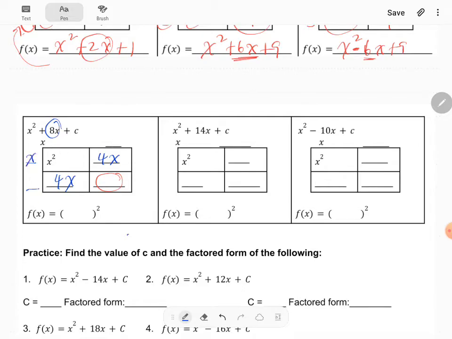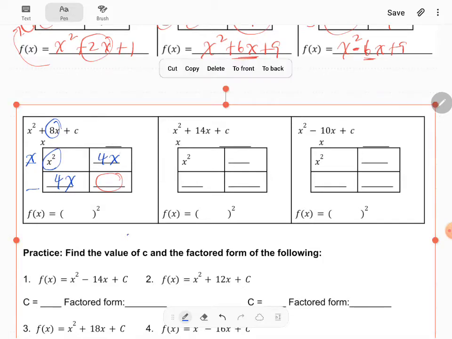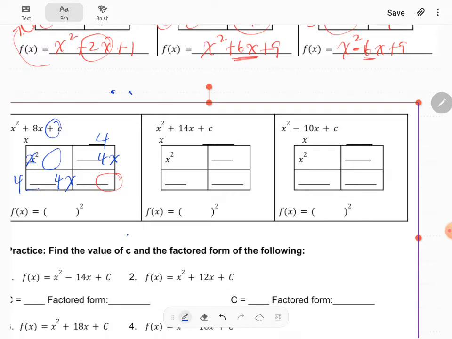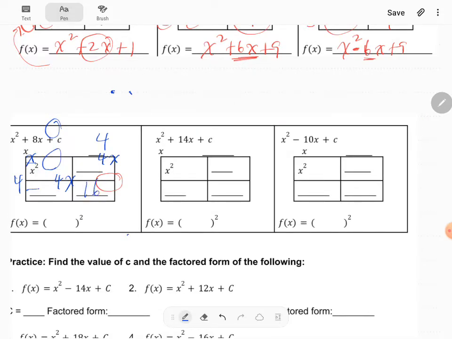So x times x is x squared, which we know. And x times what is 4x? X times 4 is 4x. And 4 times x is 4x. So 4 times 4 is 16.